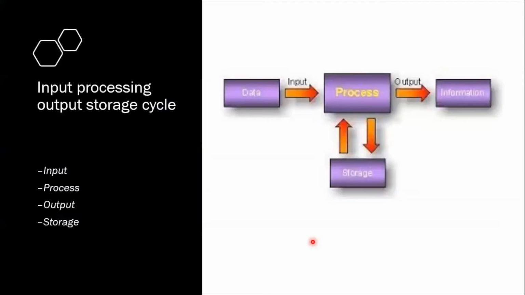IO devices. Now we'll go to the input processing output cycle. There's a data manipulating cycle. What I told you initially is that a computer is an electronic device that can input data, output, store and process the data. Right. This is a computer, and a little bit earlier I told you about data to information. Data is processed into information.